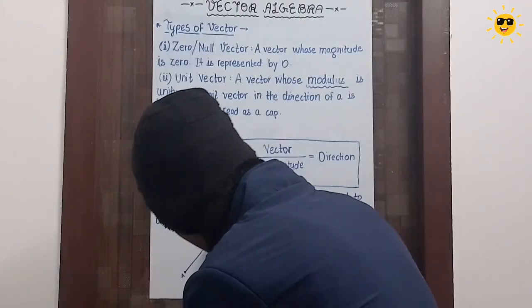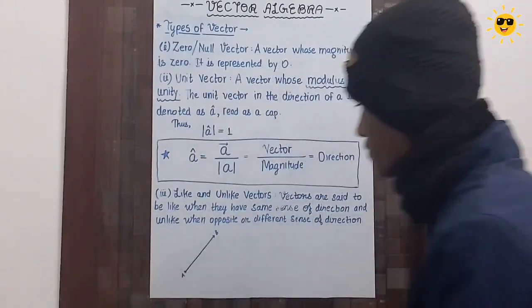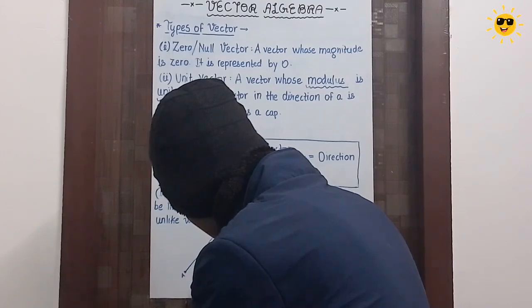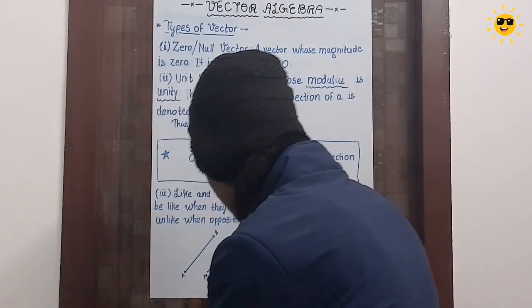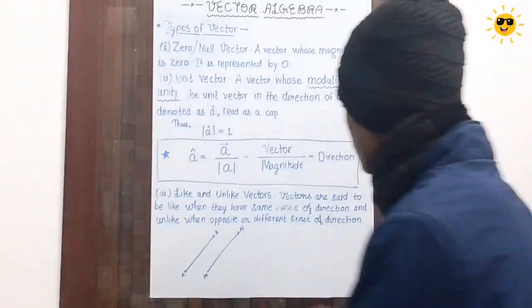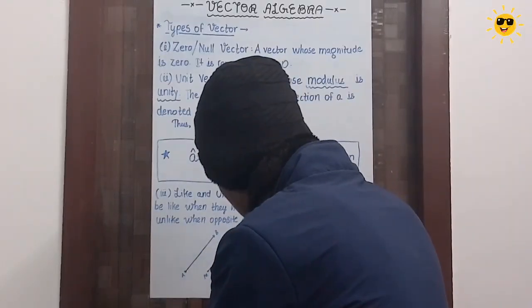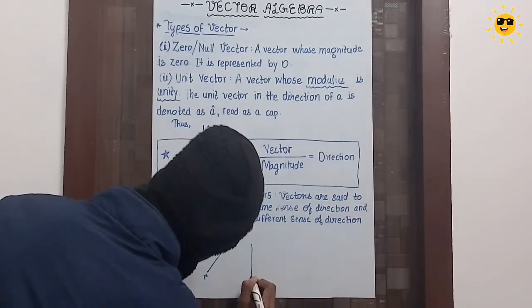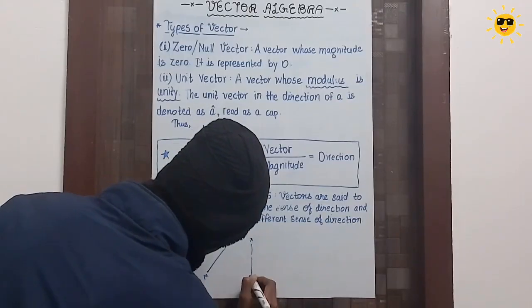Suppose this is AB vector. This is MN vector. This is XY vector.